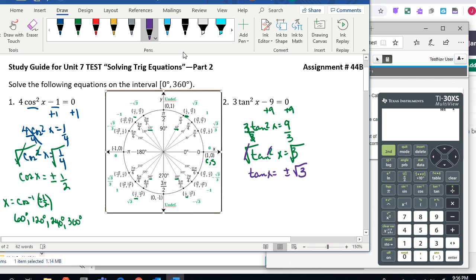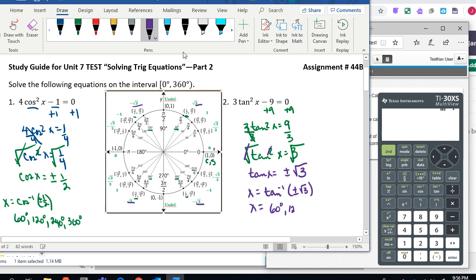Now look where tangent comes out to plus or minus the square root of 3. Forgive me, I am going right through this and pointing these out and I didn't even rewrite it. x is equal to tan inverse of plus or minus square root of 3, and I have found all of those answers. x is equal to 60, 120.